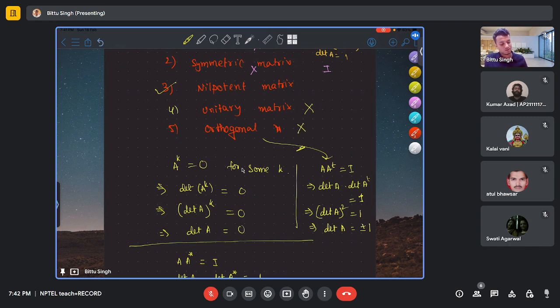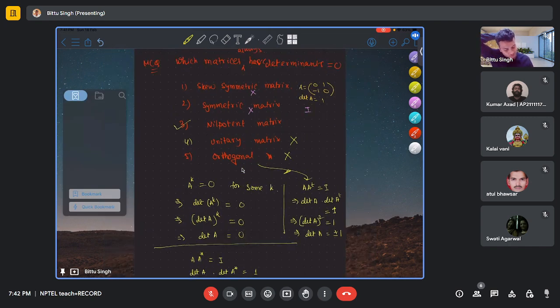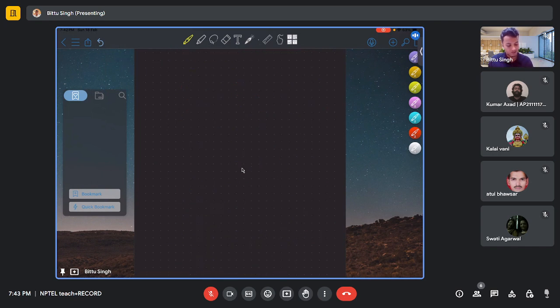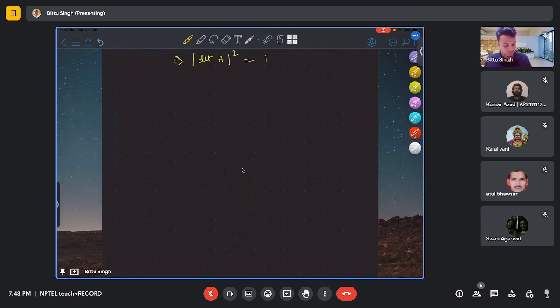Then this is also a false answer. So only 3 is the correct answer. But if a skew symmetric matrix is an n by n matrix and n is odd, then what will be the determinant of that matrix? So the question is: determinant of A when A is skew symmetric and n is odd.